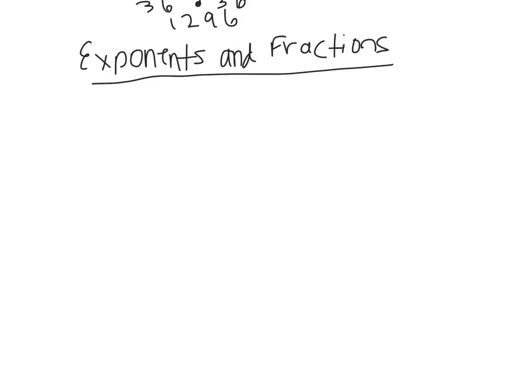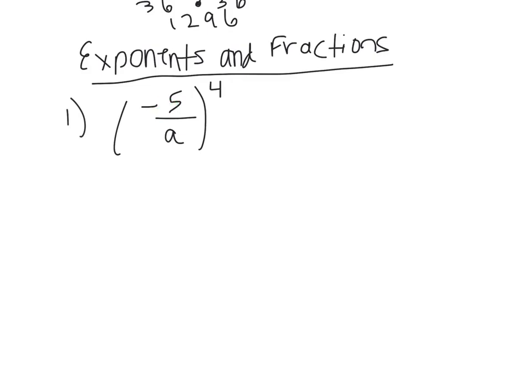This is the last section of this video. Exponents and fractions. Negative 5 over a, all in parentheses, to the 4th power. This outside exponent applies to both the numerator and denominator in this fraction. So we have negative 5 to the 4th power, and that will have to be written in parentheses.